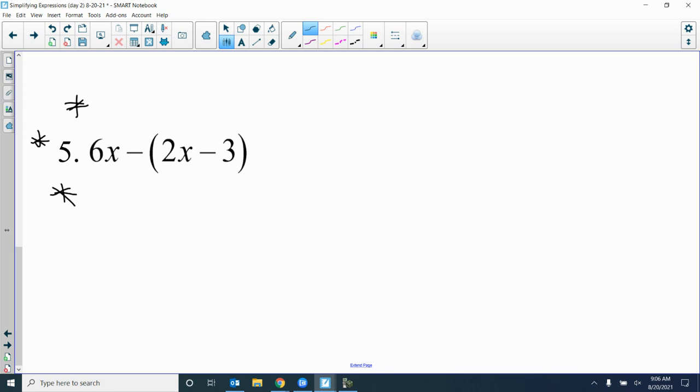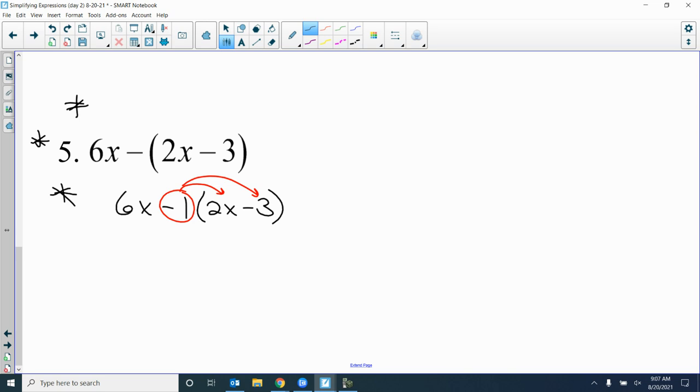If there's no number there, you have to think that that is a 1 in front of there. You can write it in like that if you want. That's absolutely fine. You still have to distribute, and we'll get to a point where we're more comfortable, where I'll just say distribute the negative. Well, you're distributing -1. You're multiplying by -1 both of those.